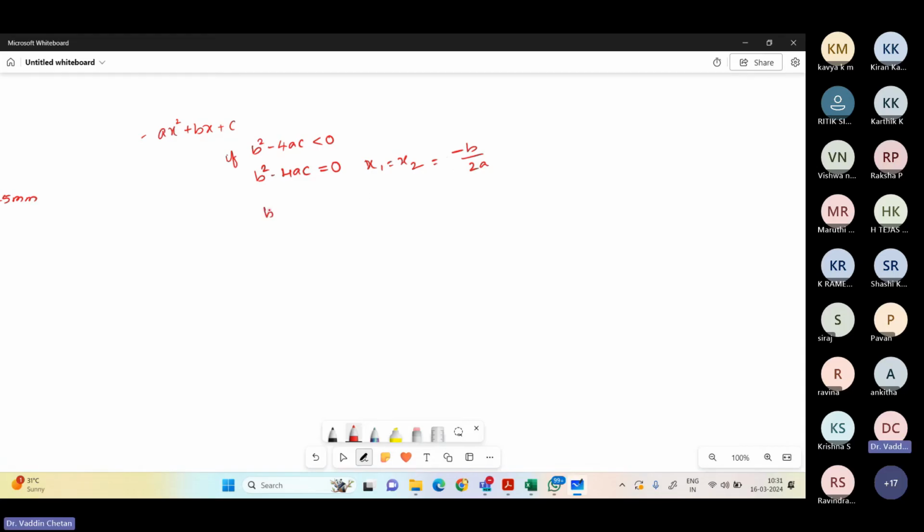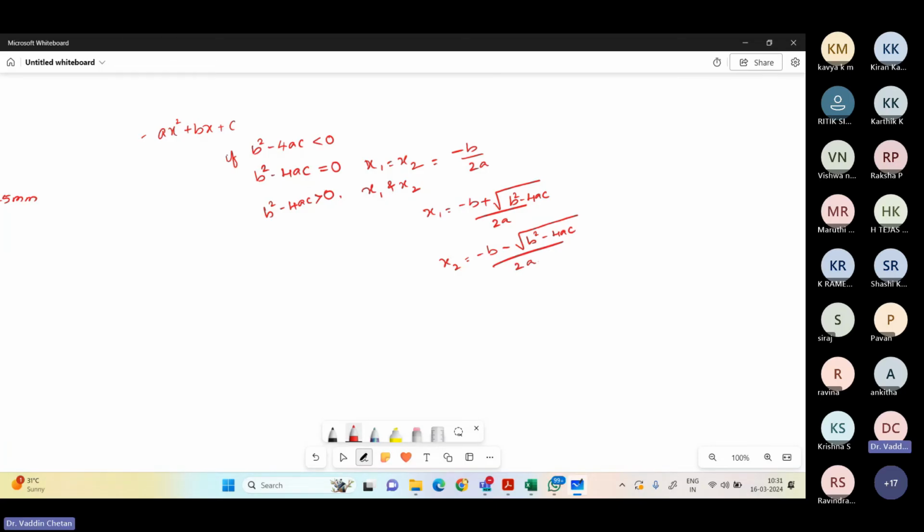And if b square minus 4ac is greater than 0, there exist two distinct roots, that is x1 and x2, where x1 is given by minus b plus square root of b square minus 4ac divided by 2a, and x2 is the second root, that is minus b minus square root of b square minus 4ac divided by 2a.